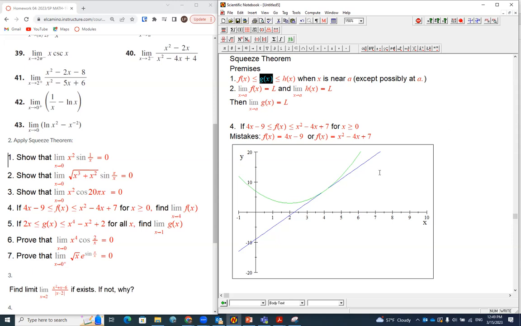What we see in this question is that this relationship is true for x larger than or equal to 0.